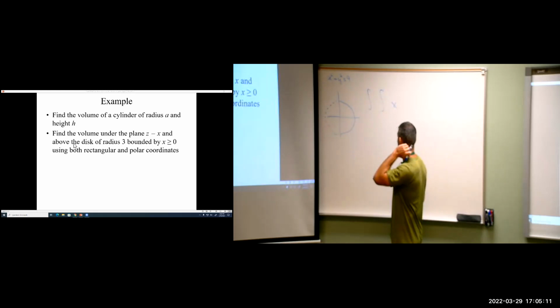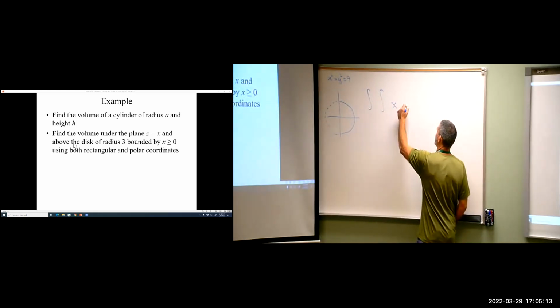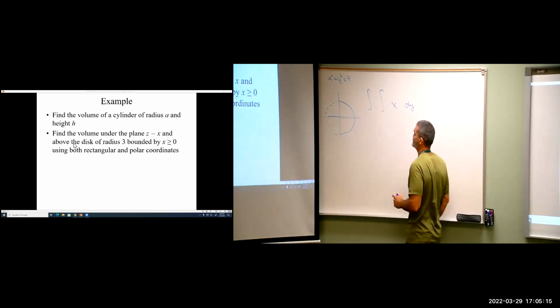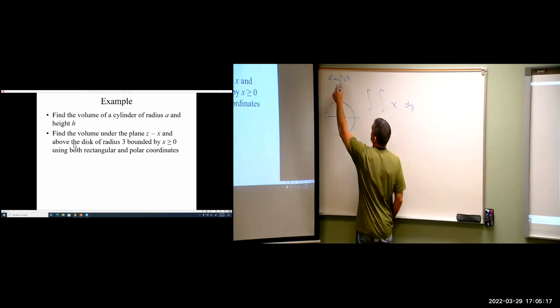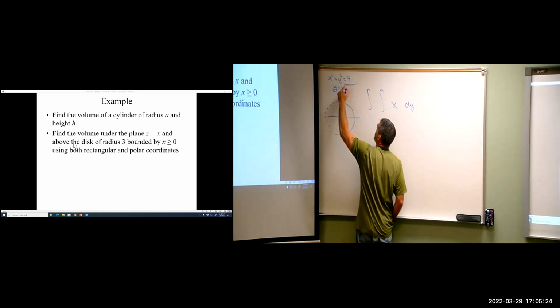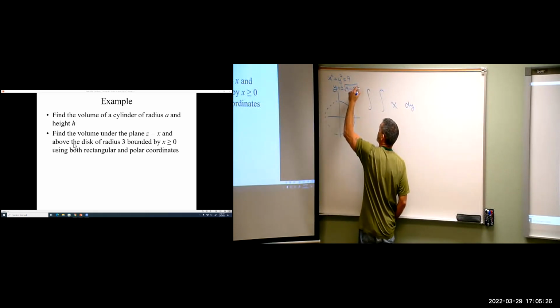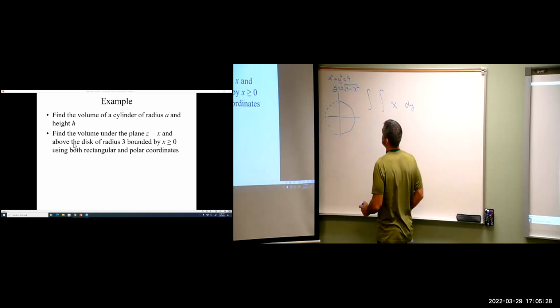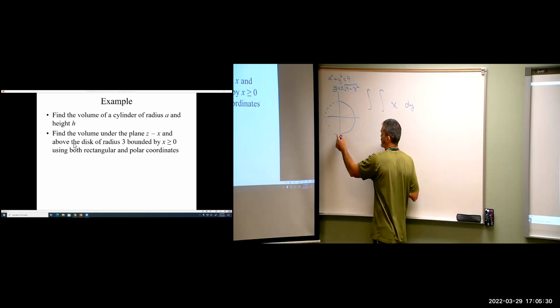I want to integrate with respect to y first, because of that extra x. If I integrate with respect to y first, that means I'm solving this for y. So y equals plus or minus the square root of 9 minus x squared. Minus for the bottom half.